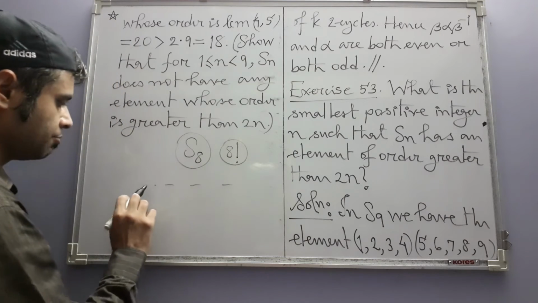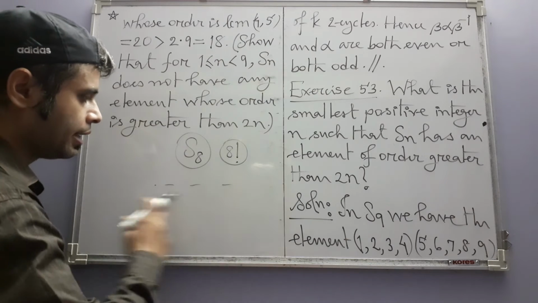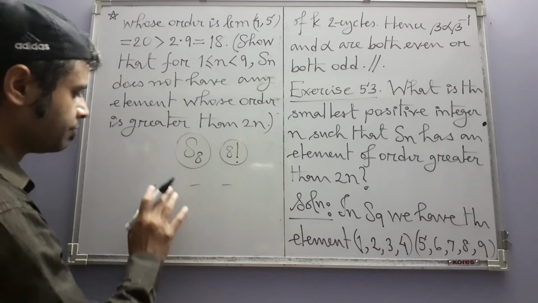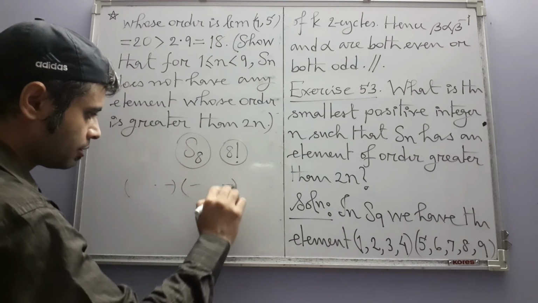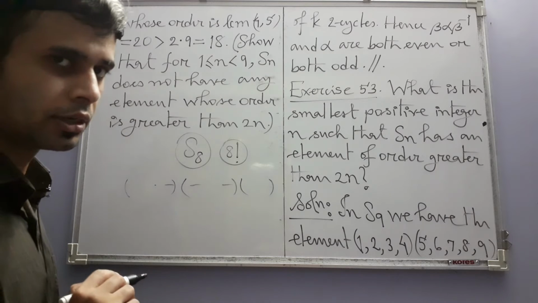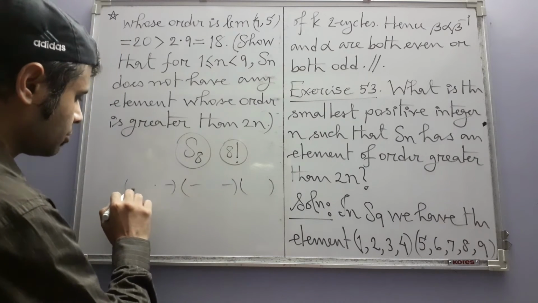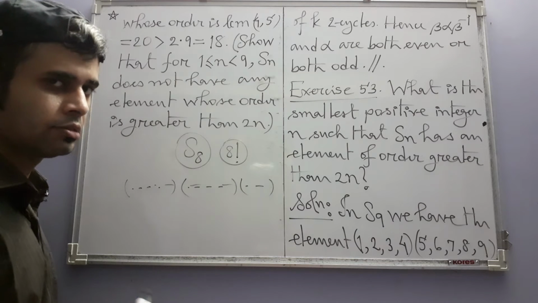That is because we have already seen that we find orders by taking LCMs of cycle lengths. So you just have to look at the possible cycle structures, so that you can write an element as a product of disjoint cycles.